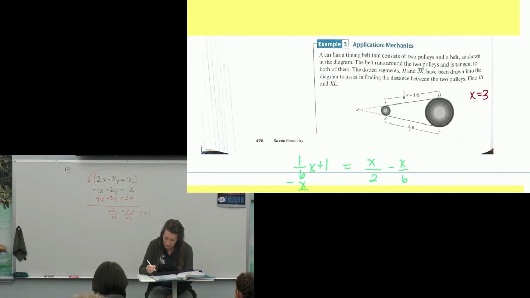So 3 divided by 6 would be 1/2. 1/2 plus 1 would be 1.5. Is that right? Yeah. You're getting 2/3. What did I do wrong? Oh, it is 1.5. So each one is 1.5 feet long.